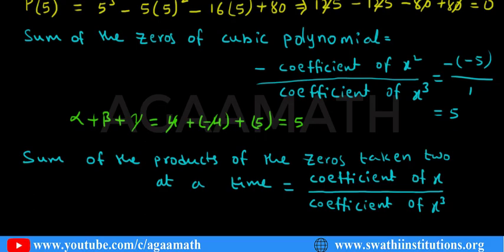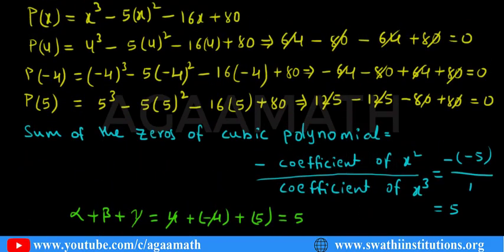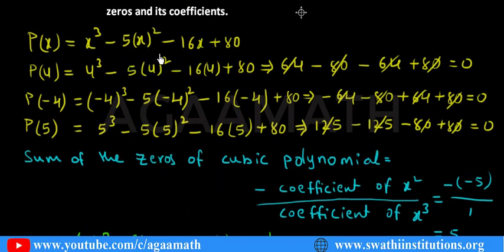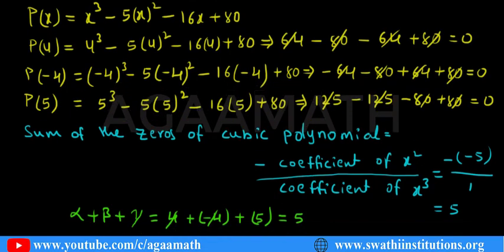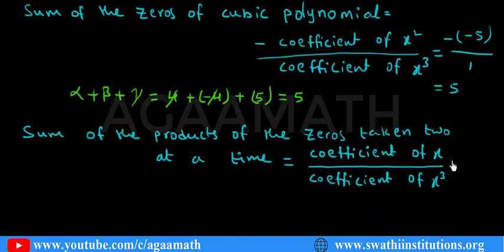So according to the given polynomial, if you observe here, coefficient of x is nothing but minus 16, right? So that is what I write here is minus 16, and coefficient of x cube is 1, so that is equals to minus 16. So this is the value we got according to the coefficients.